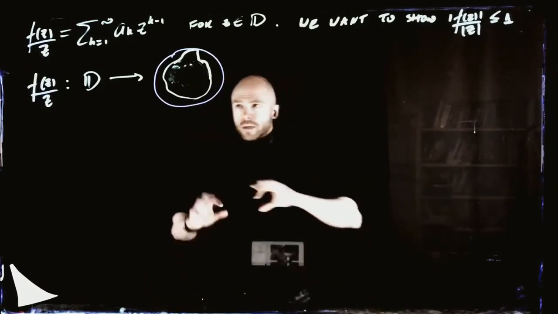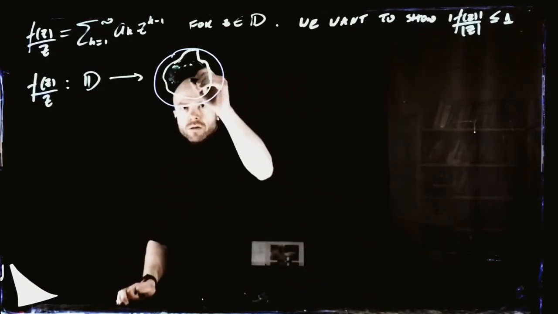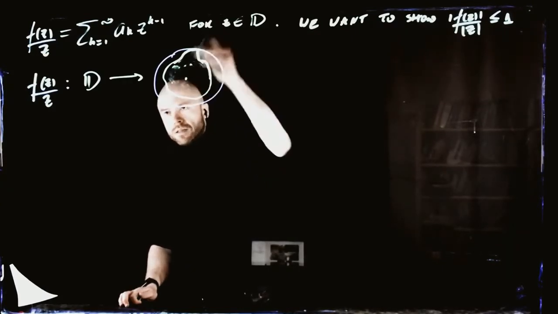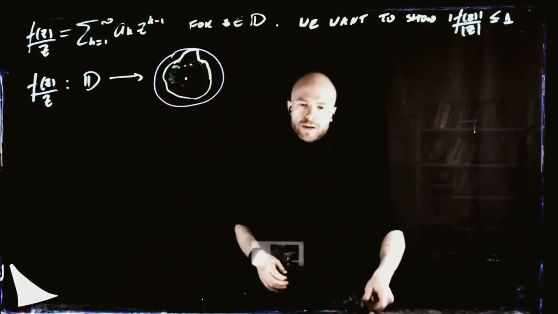What tool do we know could help us with this? So here is 0. We want to show that this thing isn't too far out from 0. What tool is useful for that?